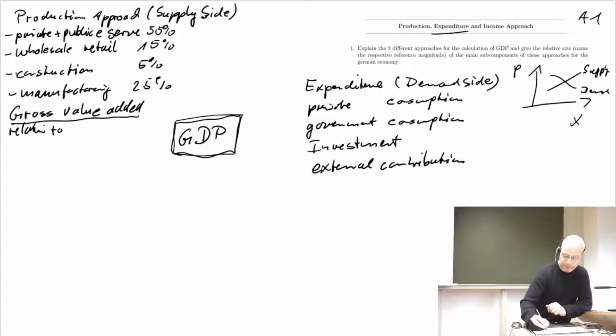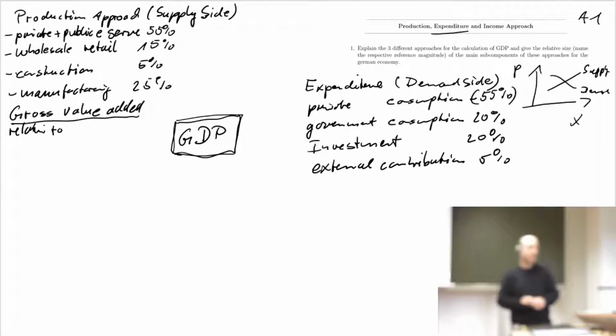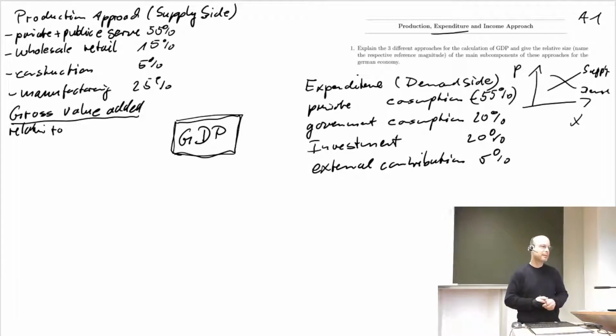So actually, there you could also say that it is roughly 55%. These two were roughly 20% if you take the absolute numbers, and this roughly 5.5%. But this I take in brackets because in the actual situation, this is slightly below 50% for 2021.